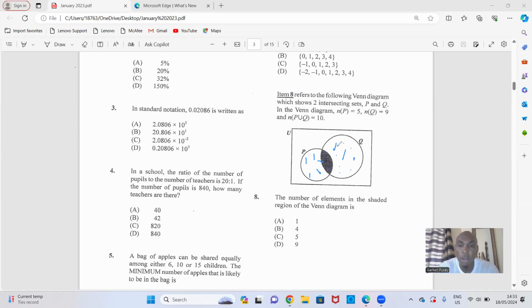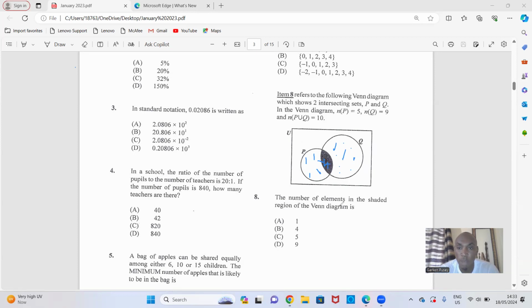So they're saying all the elements together is 10. When you count all the elements in the two circles, you should get 10. But when you count right here, 1, 2, 3, 4, 5, 6, 7, 8, 9, 10, 11, 12, 13, 14, you're getting 14. What they are saying is it should be 10, which means of that 14, 4 of them are going to fall in the middle. So 4 of them will be common between the two sets, right?